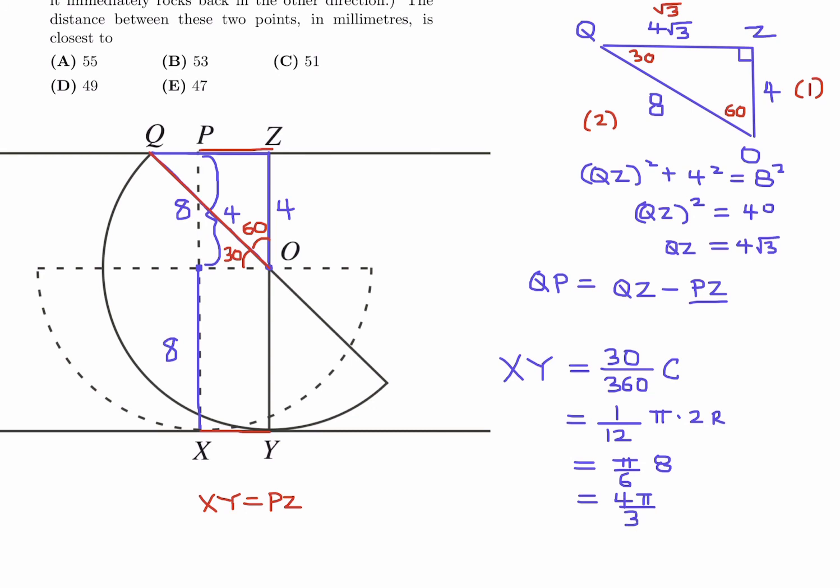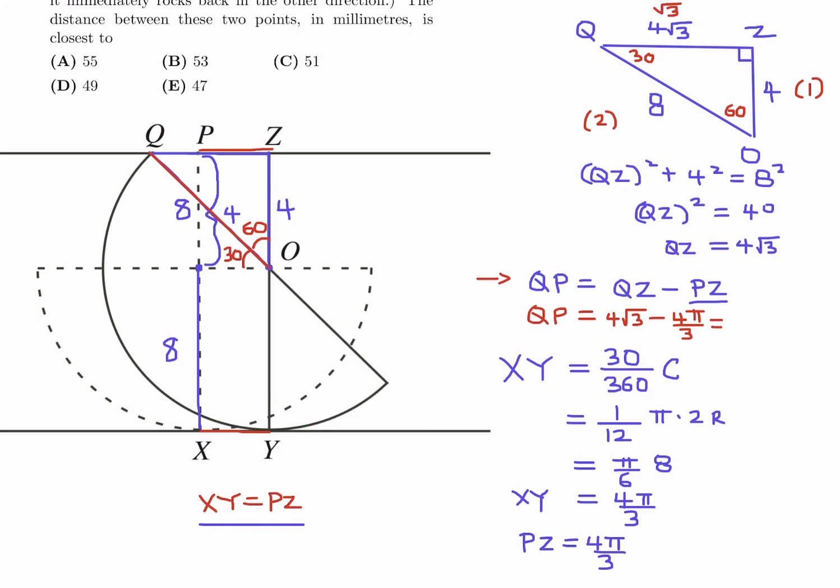All right, so that is xy, but remember xy is the same as pz. So therefore pz is equal to 4 pi over 3. So going back to this formula right here, qp is equal to qz, which is 4 root 3, minus pz, which is 4 pi over 3.